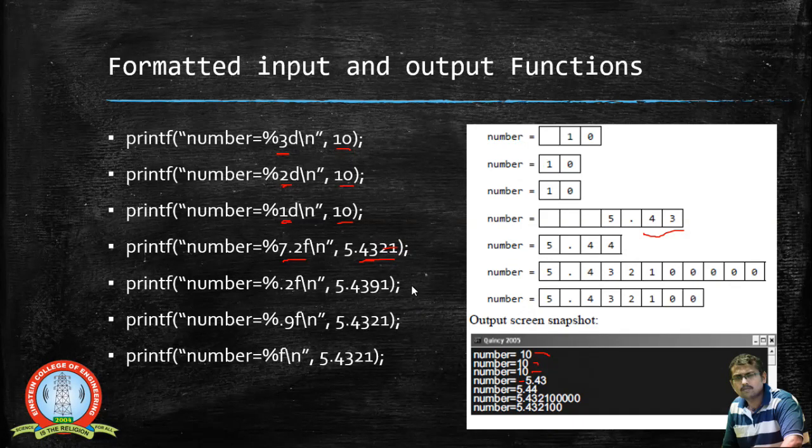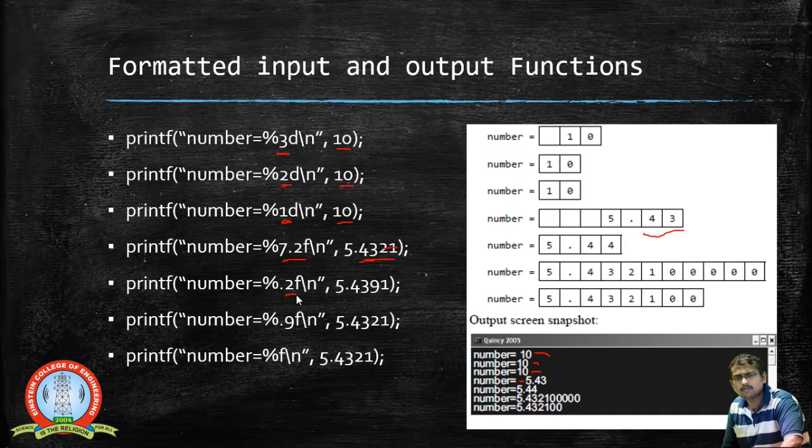And when you look into the next printf statement, what has been given here is 0.2f.